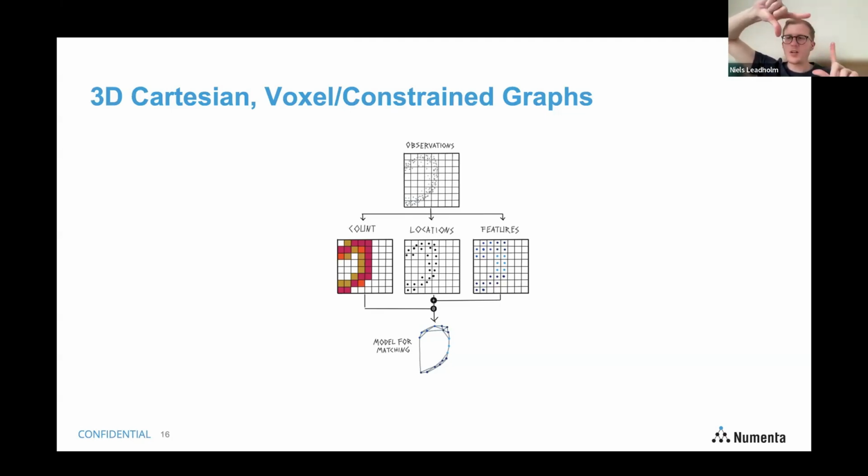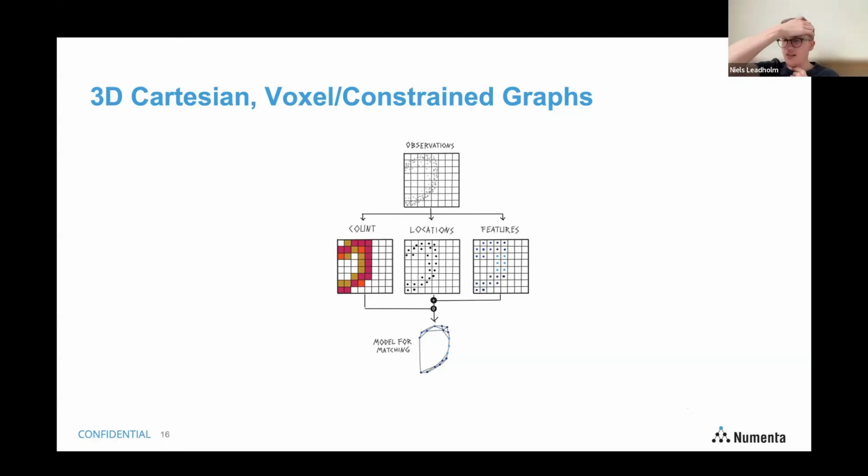So let's say a given learning module will learn objects no bigger than 10 by 10 by 10 centimeters. And then it also has a maximum number of voxels, so essentially the resolution of that space that it's going to model. And then there are the K winners, so there are only K voxels that can be active for that object.